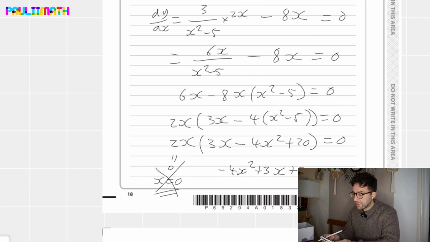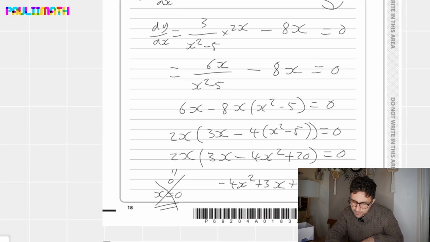You could try and factorize that. Time is of the essence. You've got to give it a go in your calculator. Is your calculator going to give you roots? That's the only thing. If my calculator gives me decimals, I'm going to have an absolute fit here. Nah, it didn't give me it. But it did give me pretty horrible answers.